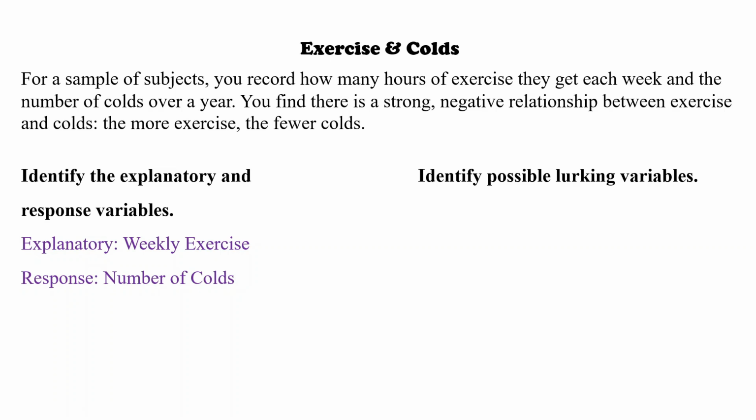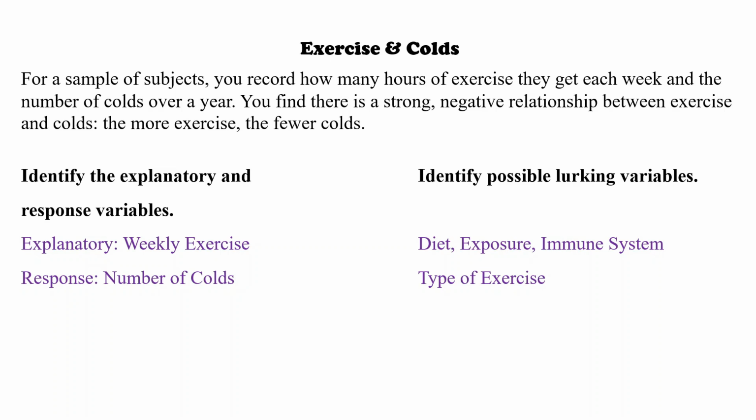It's fine to observe that in an observational study, like, hey, this is what we observed, but we don't want to make the statement that there is a cause and effect relationship because of the possibility of lurking variables here, right? There's a lot of variables that come into play in terms of weekly exercise and number of colds.